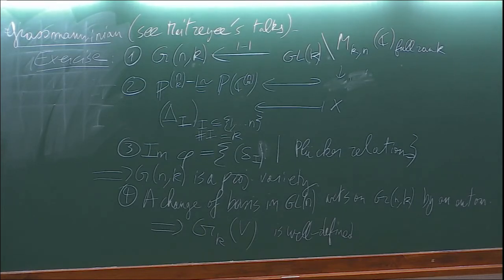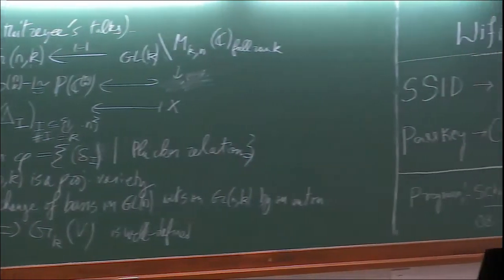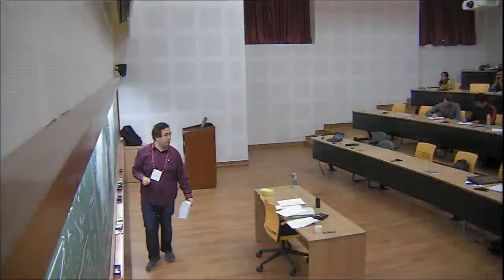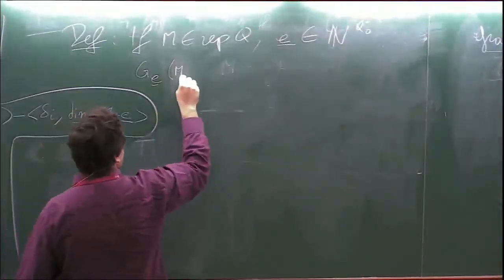I need the Grassmannian of sub-representations of a given representation. So how do I do that? If I take a representation M of the quiver and a dimension vector e, I want to define some Grassmannian of submodules of M of a fixed dimension.